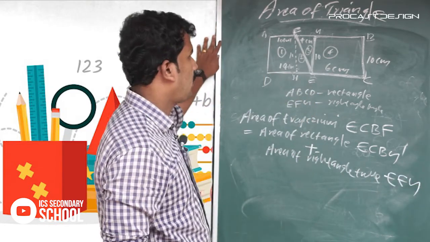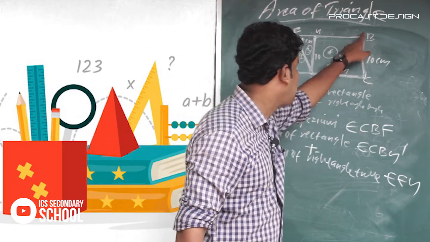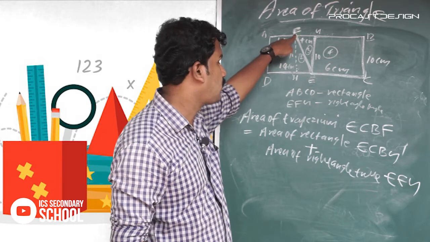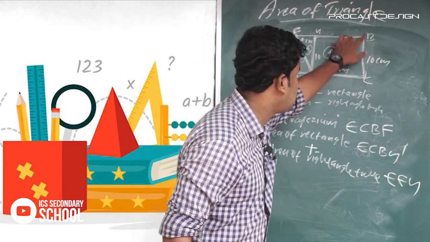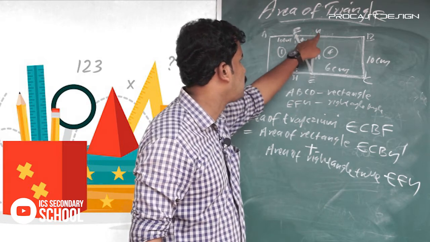So we can calculate the area of trapezium ECBF, which is equal to area of rectangle ECBG plus area of right angle triangle EFG.